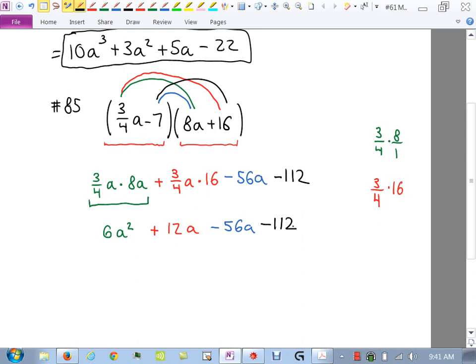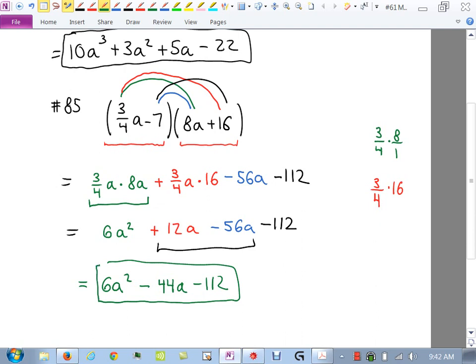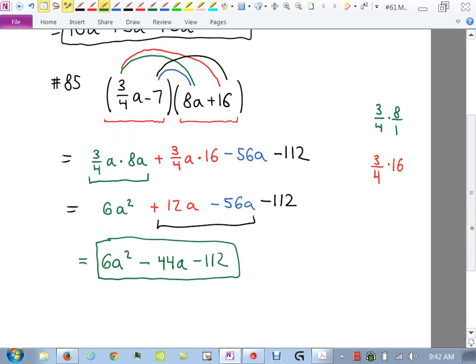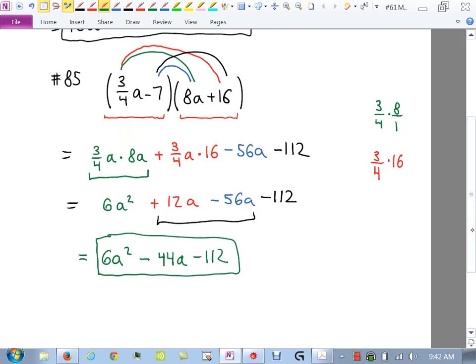And we have one more step. Combine the like terms in the middle. And we'll get 6a squared minus, what is it? 44a minus 112. That's it. I agree.